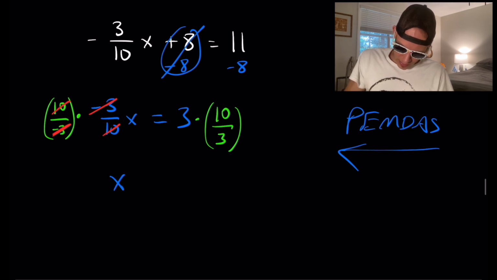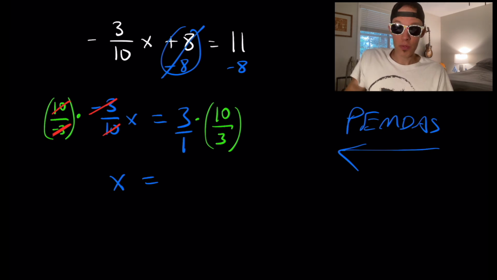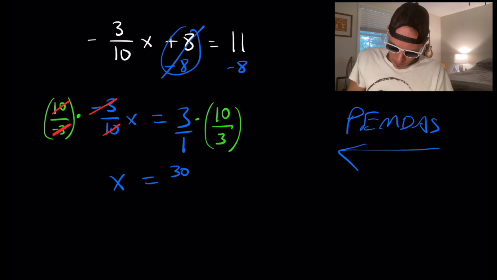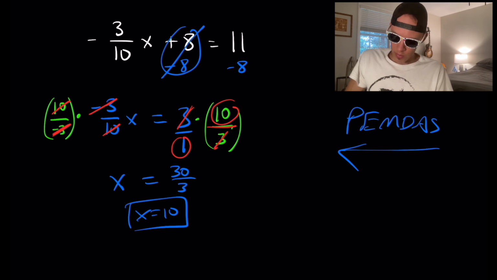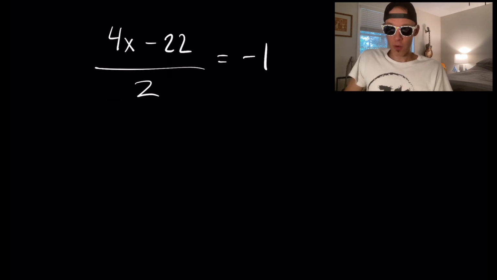So I'll be left with x is equal to, don't forget we can write this 3 over here as 3 over 1. And we'll get 30 over 3. And 30 over 3 is going to be 10. I can also see that these 3's will cancel out, and I'll just be left with 10 over 1, which is just 10.